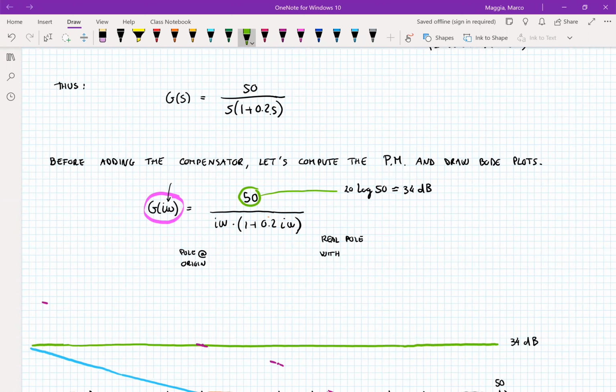Magnitude-wise, that's just 20 log of 50, which is about 34 decibels. Then we have a pole at the origin. And finally, we have a real pole. The real pole is characterized by a time constant of 0.2 seconds, which also means that its characteristic frequency or cutoff frequency is tau to the minus 1, so it is 5 radians per second.